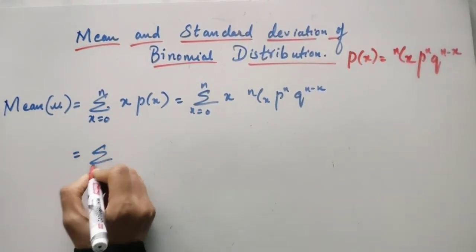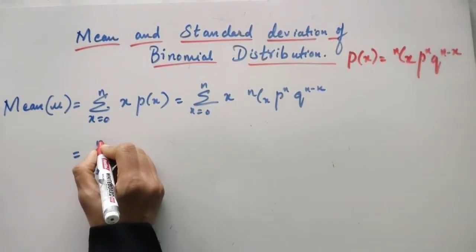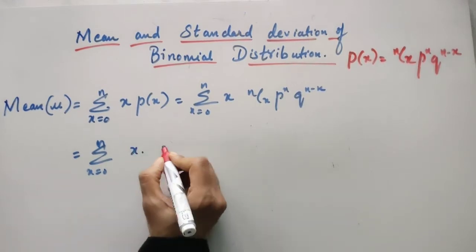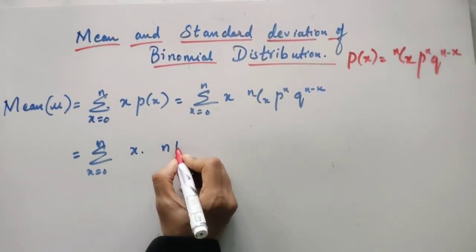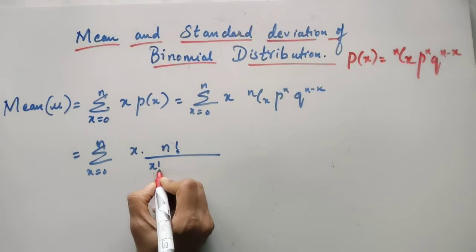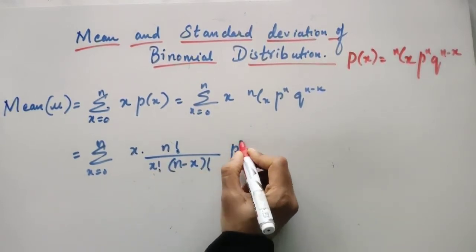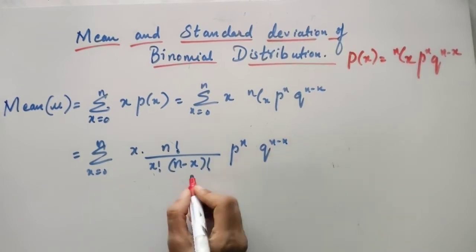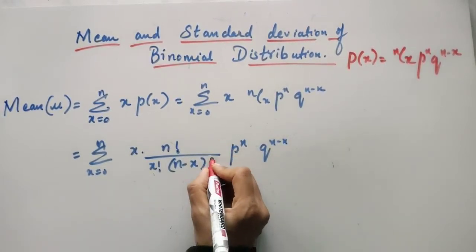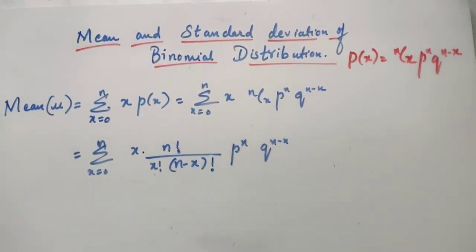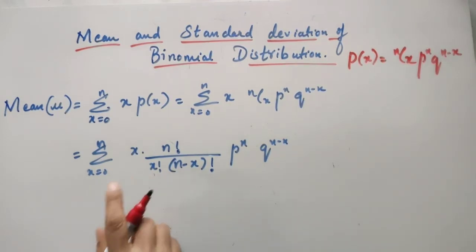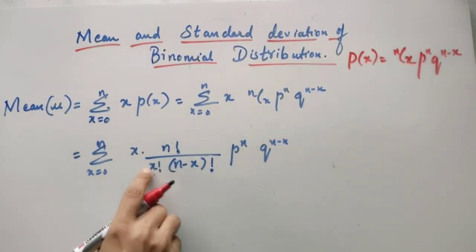Or summation x going from 0 to n, x into n factorial divided by x factorial, n minus x factorial, p raised to x, q raised to n minus x. I just substituted the value of nCx over here. Now further you can simplify this accordingly. From this you can cancel one of the x from here.